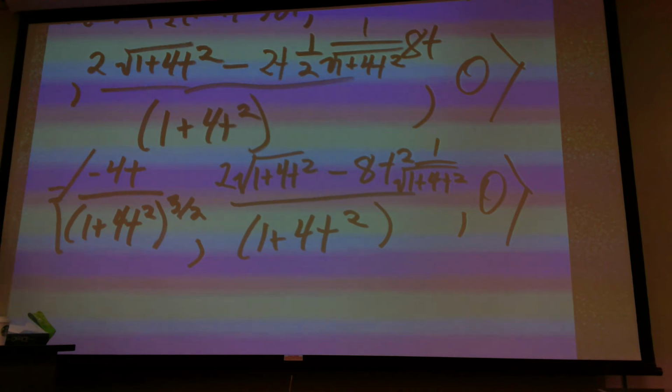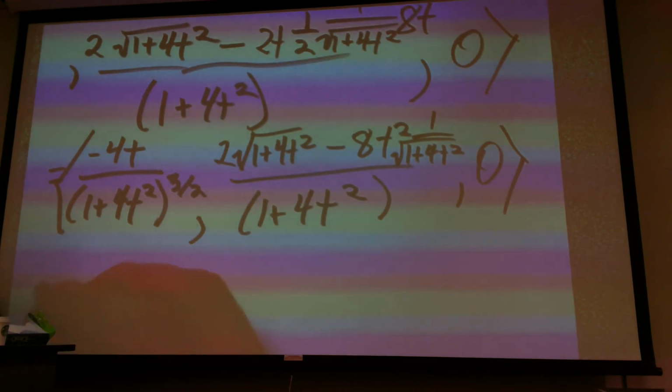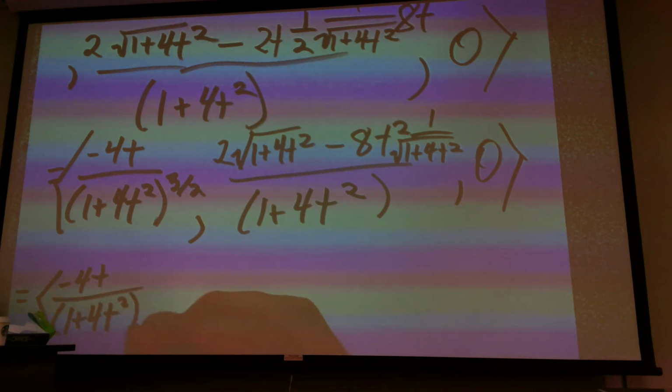Let's see what I can do with this thing. We'll leave this first one alone. Negative 4t, and I'm not going to manipulate that guy at all, over 1 plus 4t squared to the 3 divided by 2.